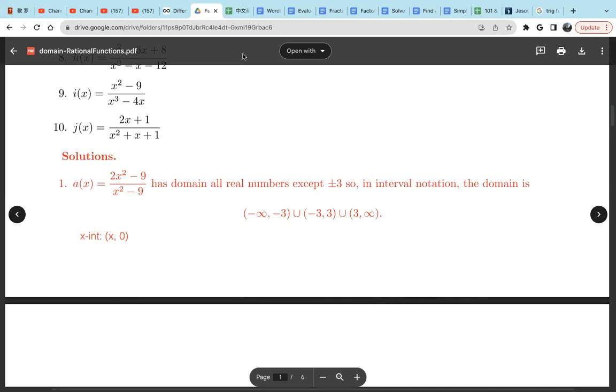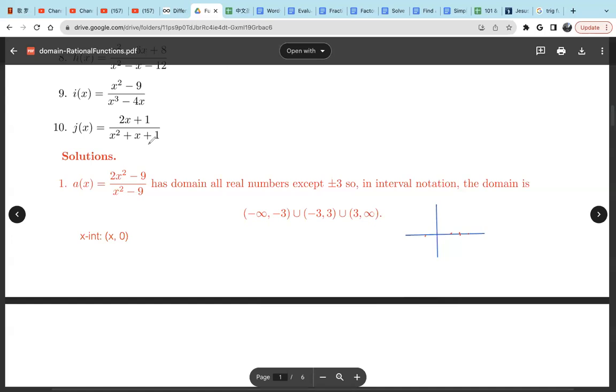Because when we graph on a plane, the points called x-intercepts fall on the x-axis. So the points on the x-axis are called x-intercepts, and the y value is always 0.